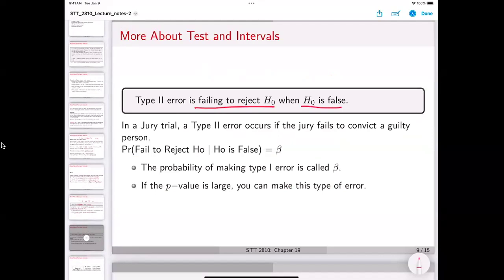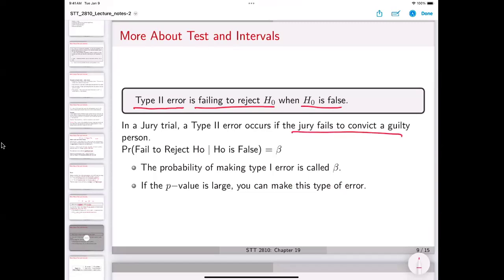But we made a mistake and then we failed to reject that. And so we have committed an error. And that type of error is the type 2 error. So type 2 error can occur in a jury trial if the jury fails to convict a guilty person.